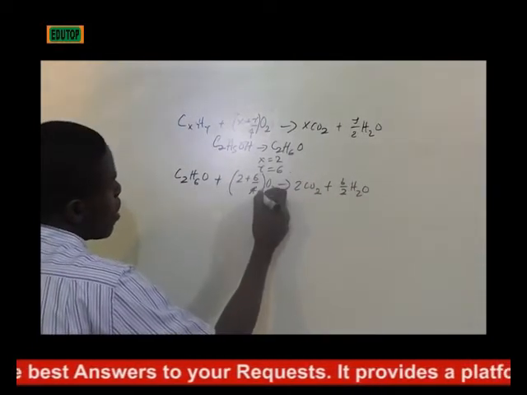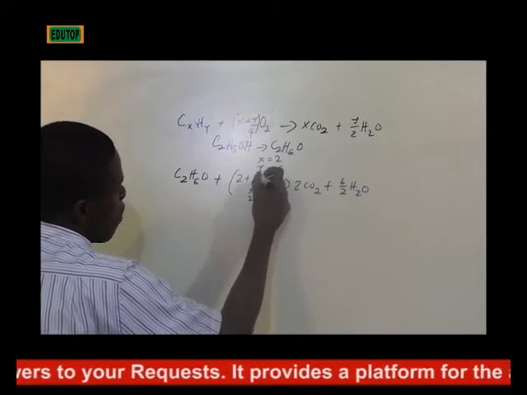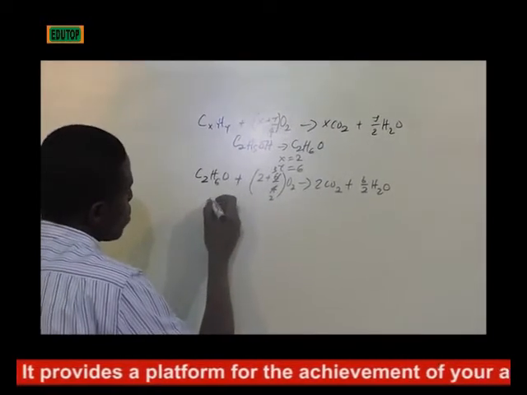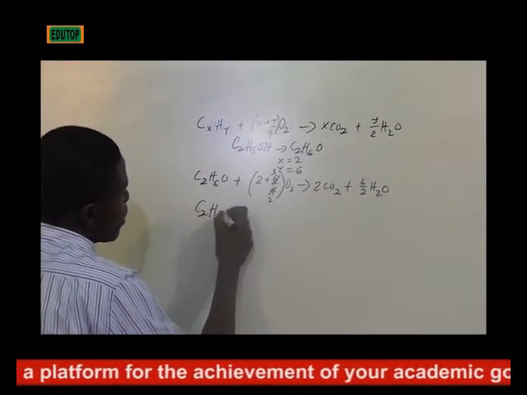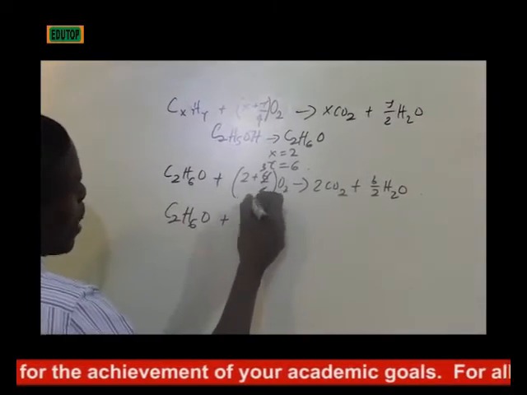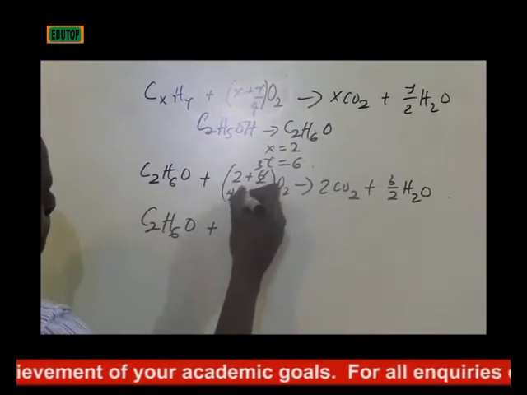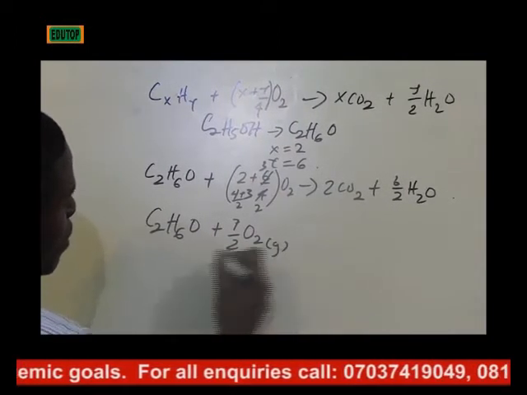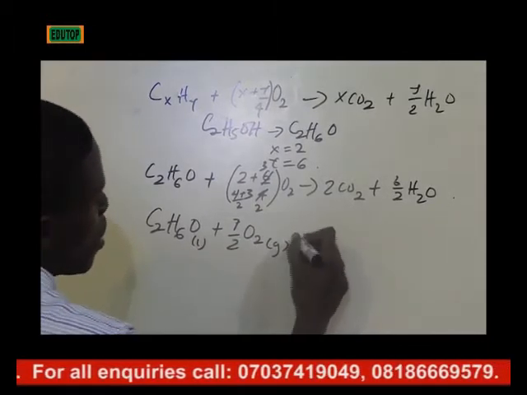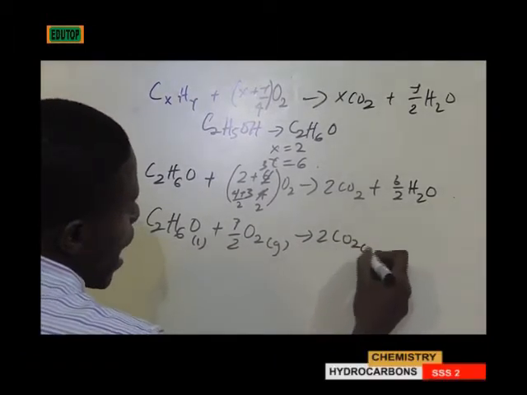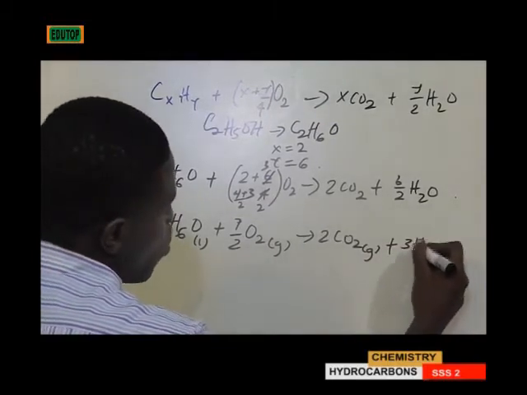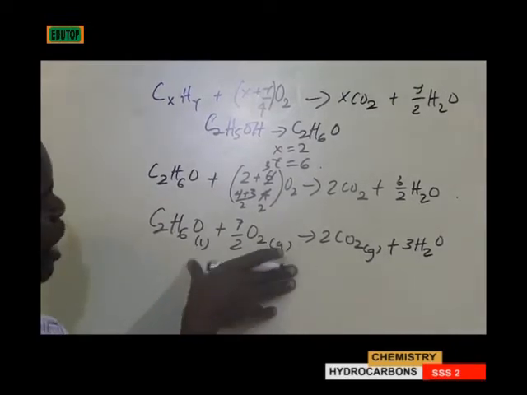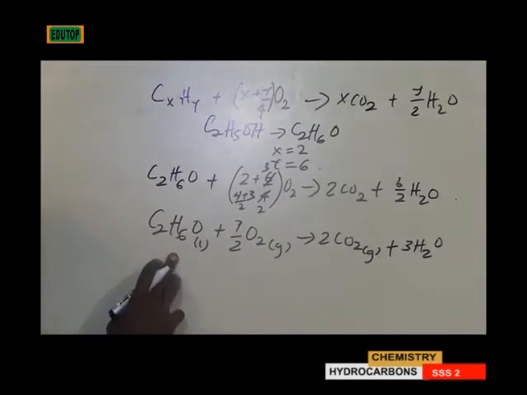When this is simplified, you have C2H6O plus 7/2 O2 gas to give 2CO2 gas plus 3H2O. So this is the combustion reaction of ethanol.